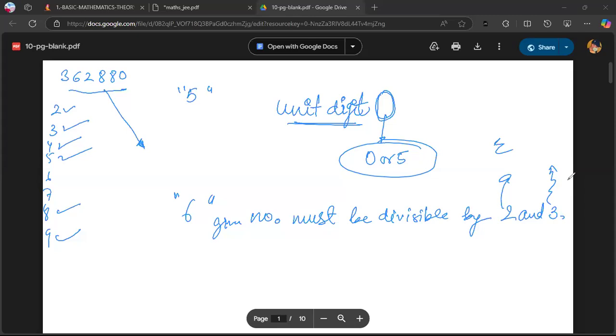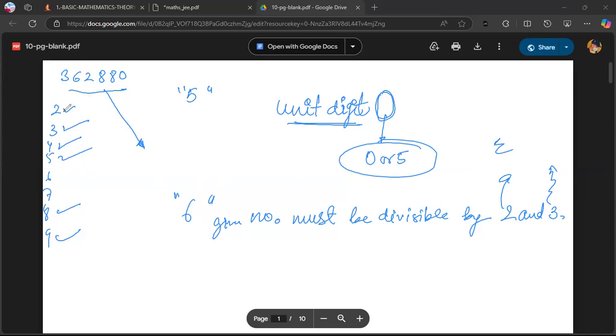So we sum all the digits of the given number. These are called digits, and the whole number as an entity is known as the number. If the sum of the digits is divisible by 3, then the whole number will also be divisible by 3. So this is the divisibility rule of 6.